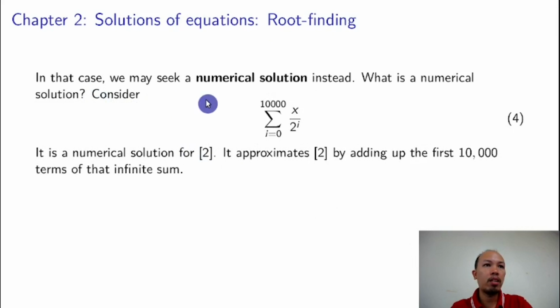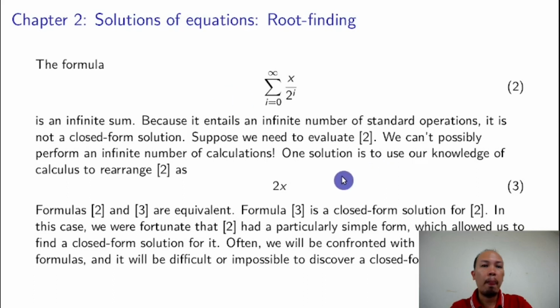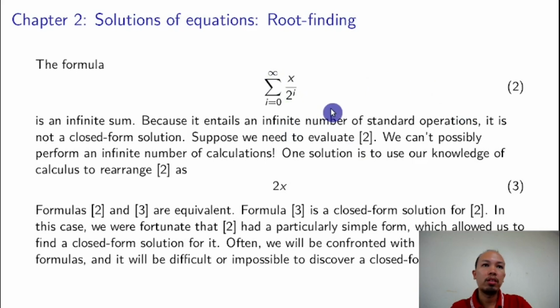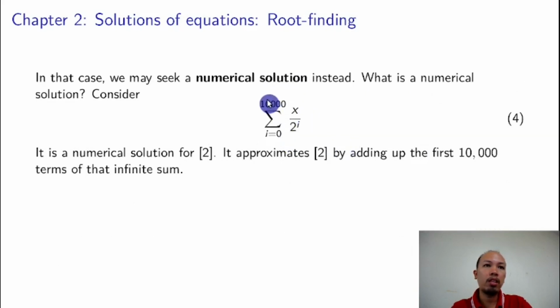In that case, we may seek a numerical solution instead. So what do we mean by this? Notice that since this summation involves an infinite number of operations and we cannot go on forever, what we do here is we will have a numerical solution: approximating up to 10,000 additions.